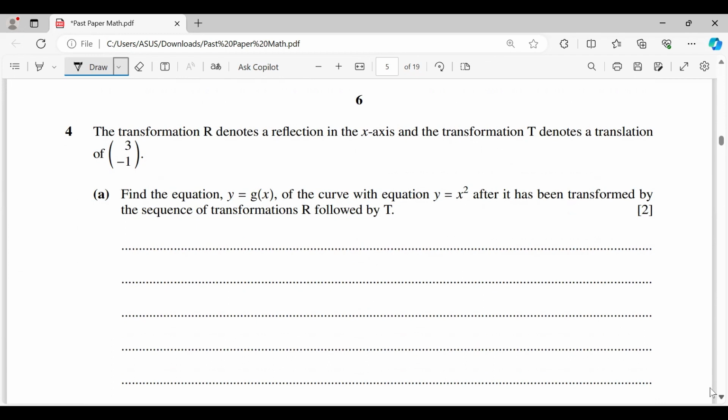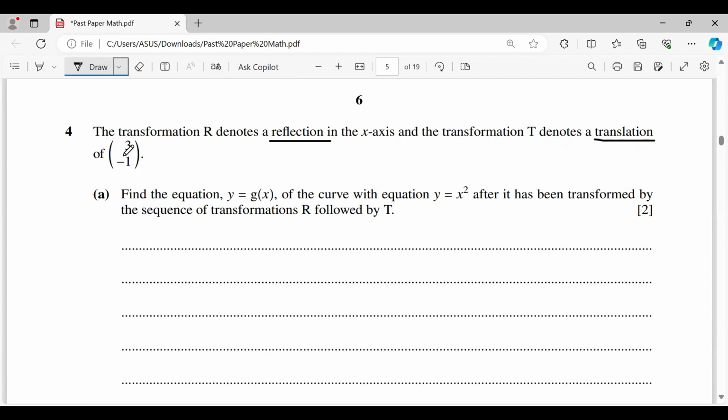The transformation R denotes a reflection in the x-axis and the transformation T denotes a translation of (3, -1). Right. So firstly, reflection, and then translation.